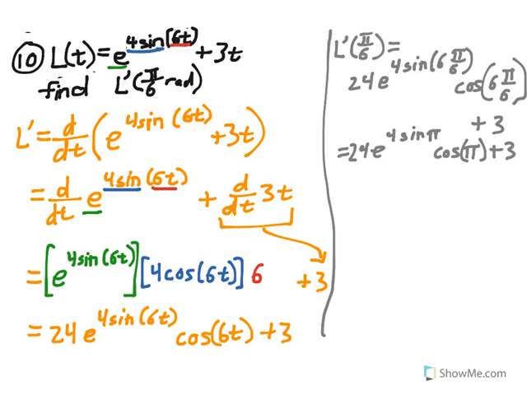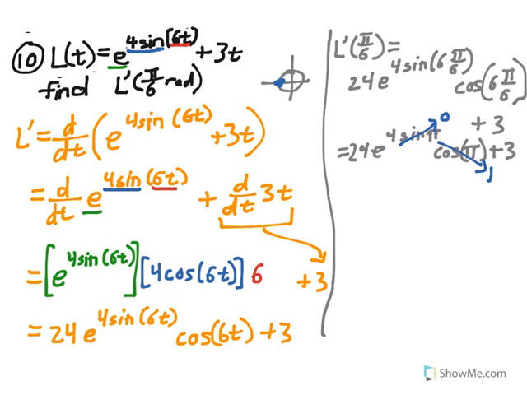Alright, let's see. Sine of pi is, again, unit circle. Pi is right there, so that's got a vertical coordinate of 0. So this part here is 0. Cosine of pi is 1.